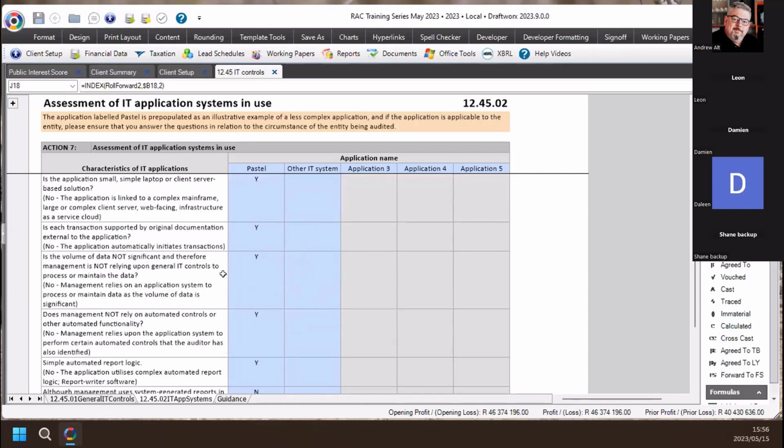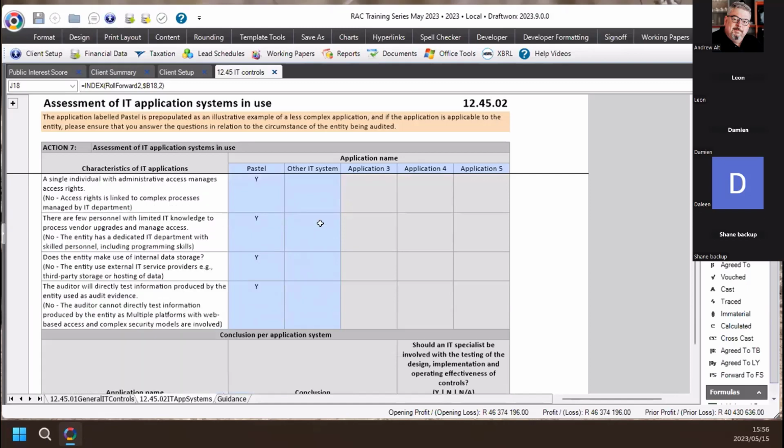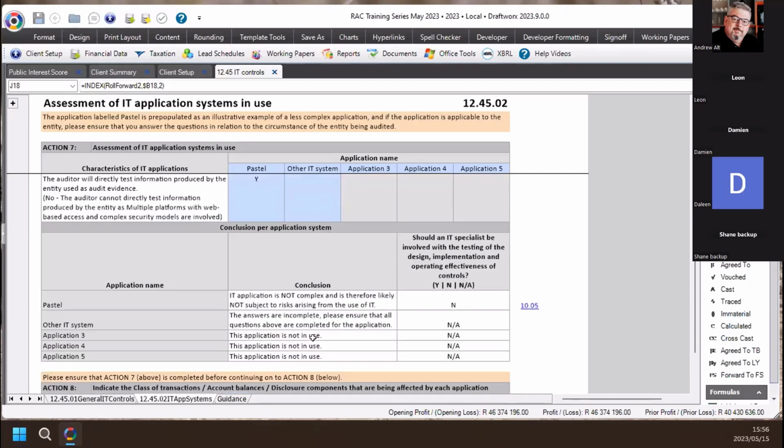Folks, there's a lot of questions here about that IT system, and what we're trying to get to is whether this is a complex IT system that's going to result in me needing to get the use of an IT expert, or is it a simple system like Pastel that I, as an auditor, can have sufficient knowledge of without the specialized training to audit it at the end of the day.